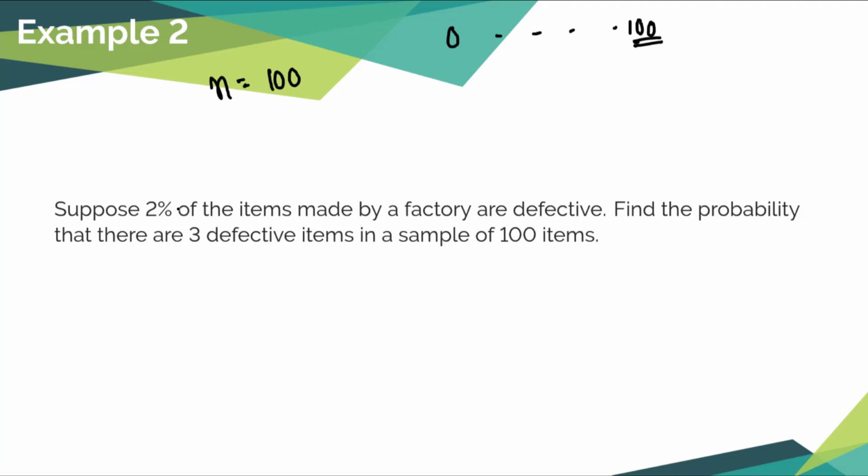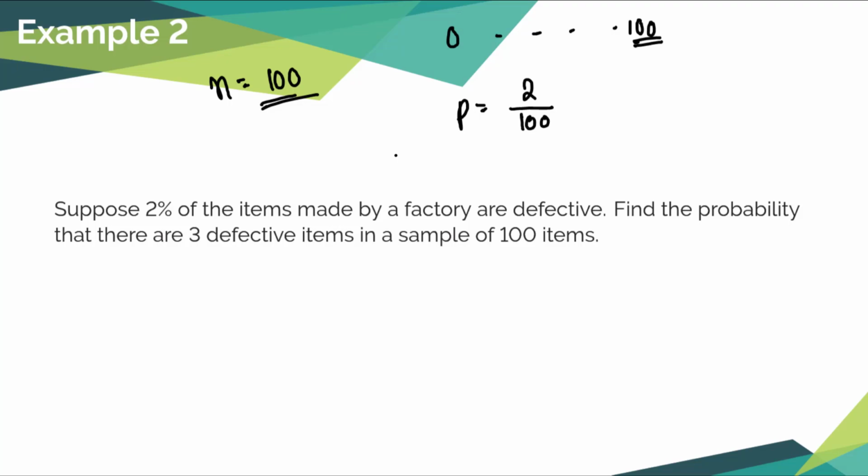Normally, getting a defective or non-defective item is a mutually exclusive event, right? So this is normally a case of binomial distribution because you are getting two mutually exclusive events. But when the number of items, that is n, is very large, and here 2% is the defective ratio, p is equal to 2 by 100.